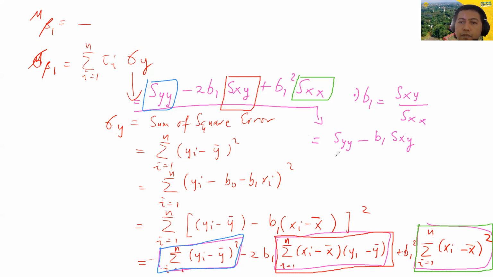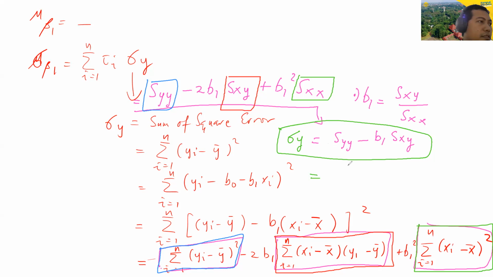Then we can arrive at this, for this unbiased estimator, we arrive at this.